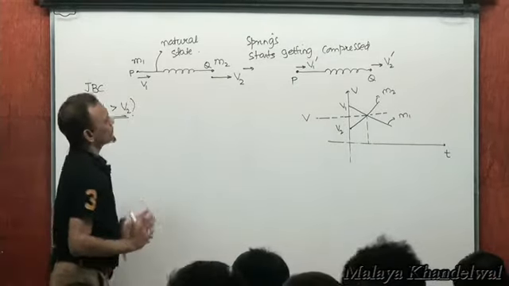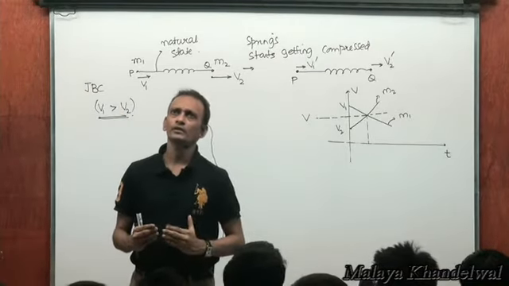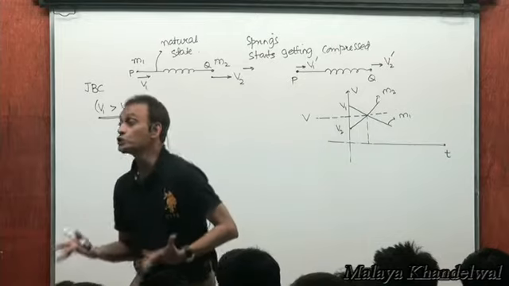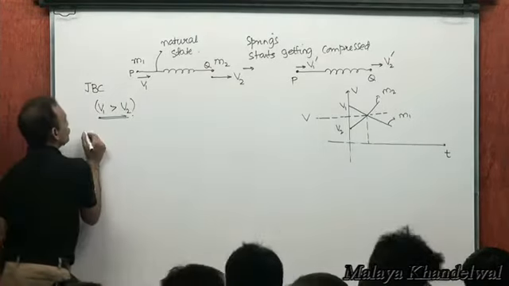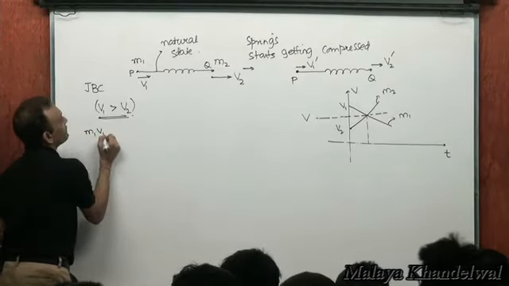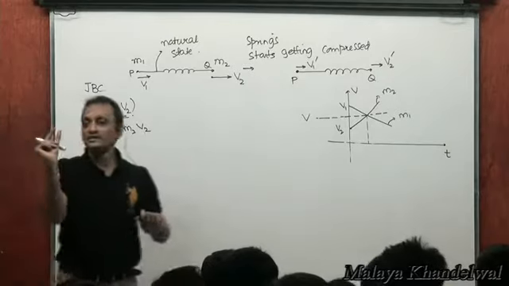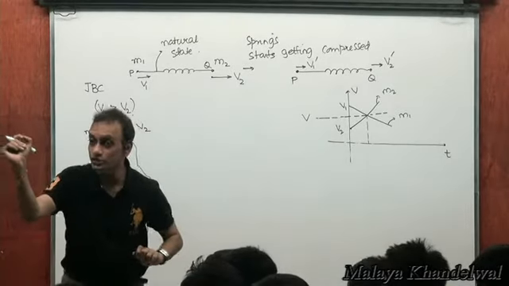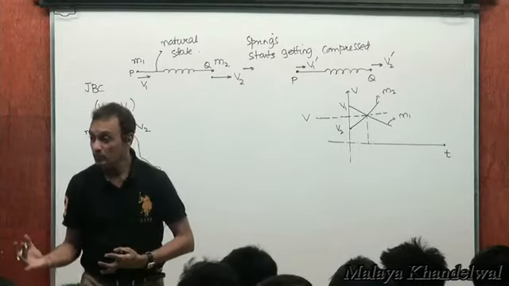However, during this regime also, is there any change in the total linear momentum of the system? No. The particles m1 and m2 brought a linear momentum m1 v1 plus m2 v2. And in some intermediate state during collision, the velocities of both the colliding units are going to become v.